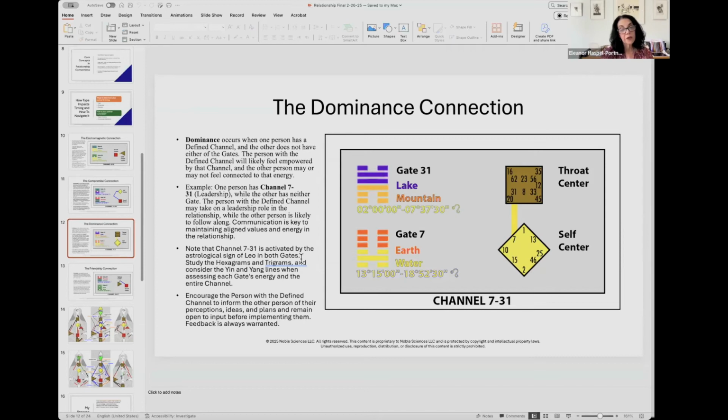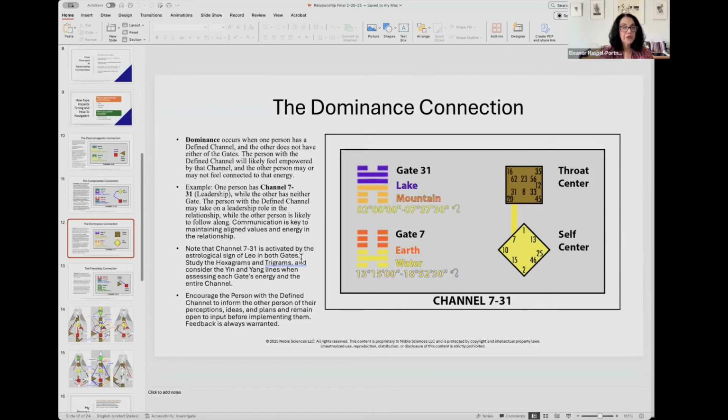So the person with the 7-31 needs to encourage the person who has no part of that channel to express what they want, what their perceptions are.